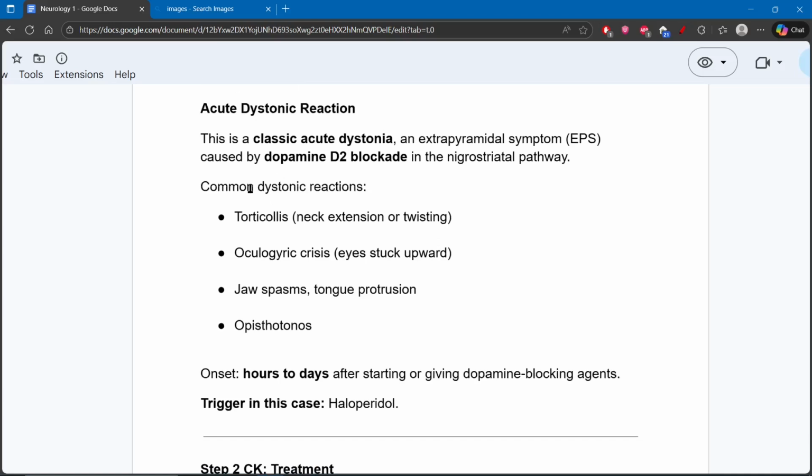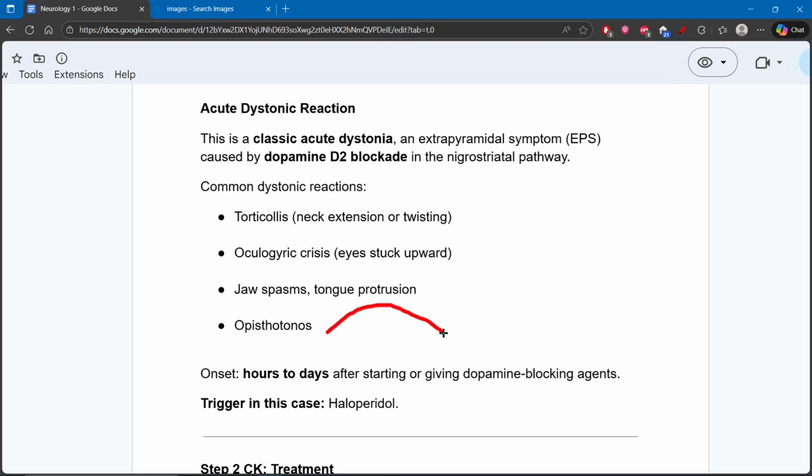Common dystonic reactions are torticollis, that is neck extension and twisting, which is happening in this patient. There's oculogyric crisis, eyes stuck upward. This is also happening in this patient. Jaw spasms, tongue protrusion, opisthotonus. Opisthotonus, I hope you understand, is the hyperextension of the back.